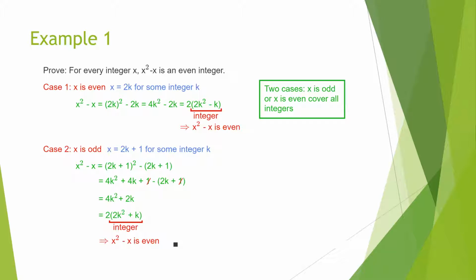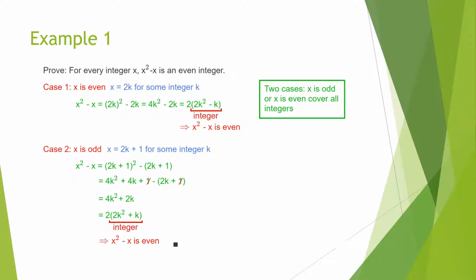In the second case, when x is odd, x is equal to 2k plus 1 for some integer k, and therefore you need to replace x this time by 2k plus 1 in this expression. So you have (2k plus 1) squared minus (2k plus 1), which is equal to 4k squared plus 2k.